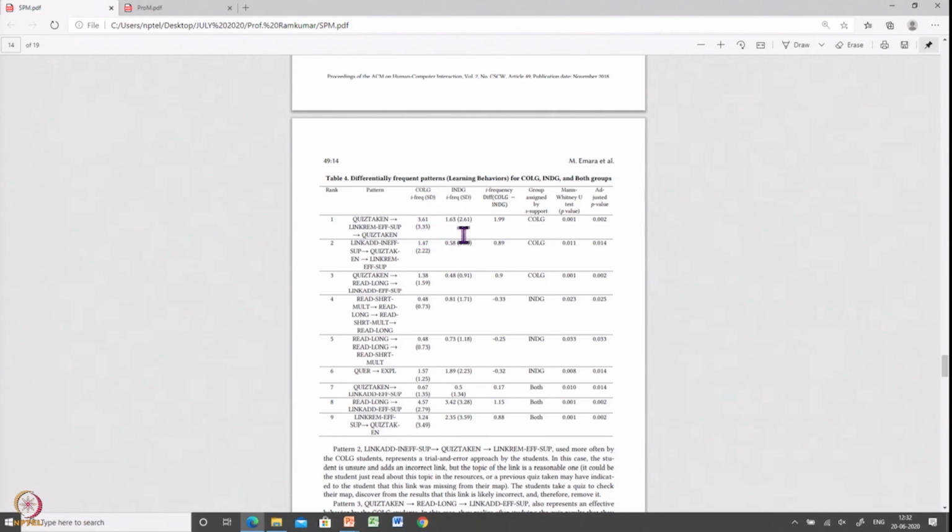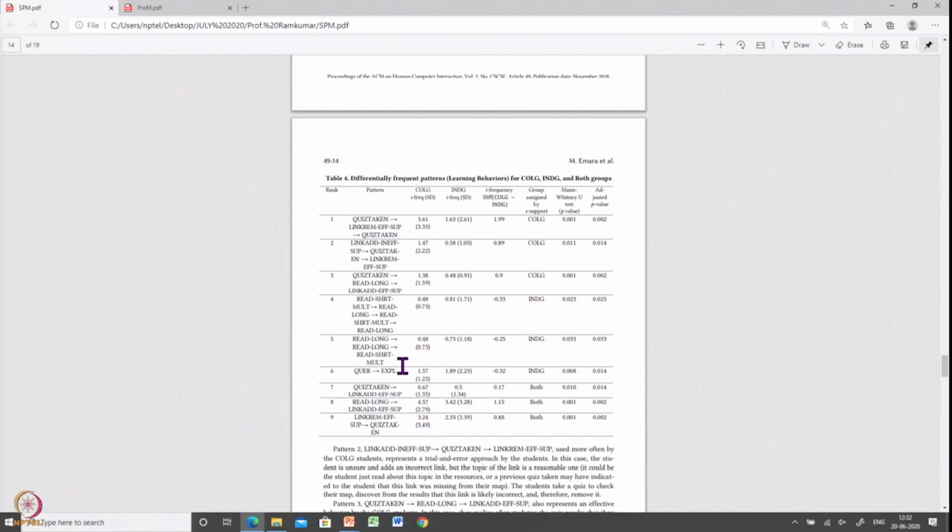There is a difference between the frequencies. Suppose the collaborative group has more of a pattern compared to the individual group. They computed the Mann-Whitney U test to identify whether this occurrence is significant or not. So this particular pattern occurred more in the collaborative group compared to the individual group. Similarly, these 3 patterns occurred more in the collaborative group with a statistically significant difference. And these 3 patterns occurred more in the individual group compared to the collaborative group, and these patterns occurred in both.